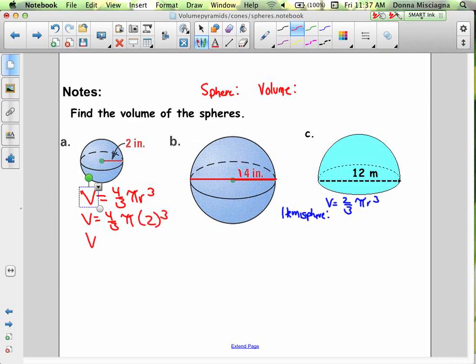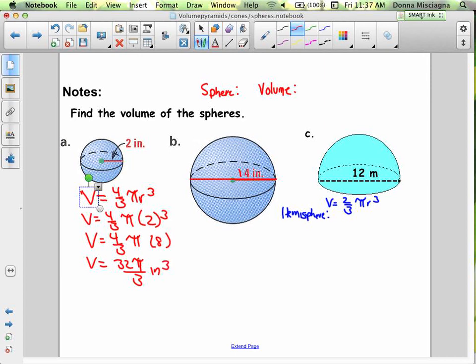Anyone know what 2 cubed is, class? 8 is correct. Now 8 is not divisible by 3, and 2 is not divisible by 3, so 8 certainly is not divisible by 3. So we'll just write this as 32 pi thirds inches cubed. And that one is done.